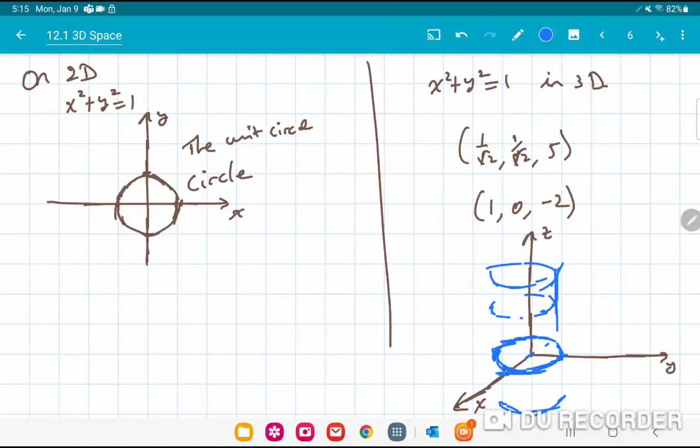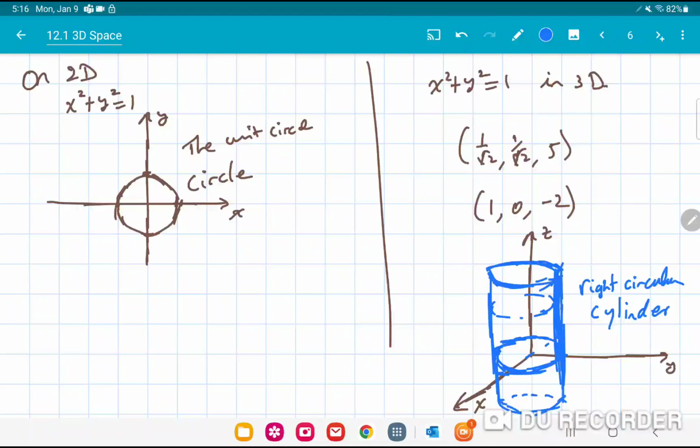So what we're making is a cylinder. This is a right circular cylinder of radius 1, with the center axis being the z-axis.